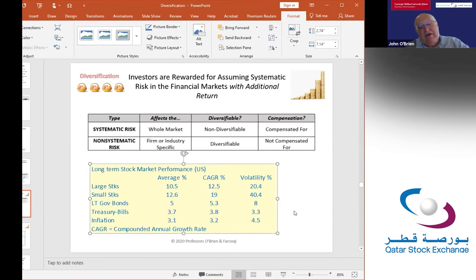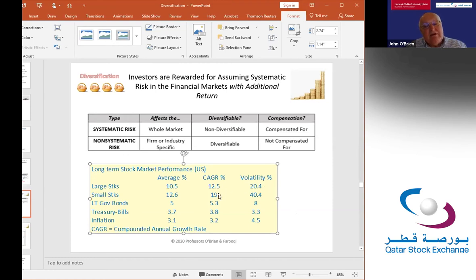So you can see here that the market, this is what we mean by the market compensates you for assuming systematic risk, because this is a large portfolio of large stocks. This is a large portfolio of small stocks. So we have got rid of all of the non-systematic or unsystematic risk, and what this volatility is purely is the systematic risk.